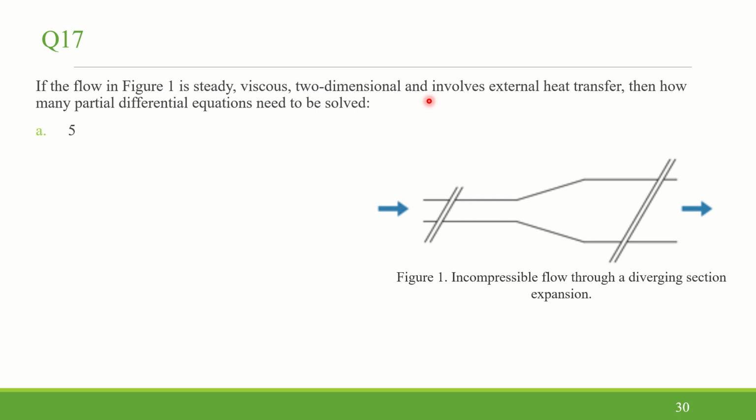So we have one continuity equation, two momentum conservation equations, and one energy conservation equation. On the whole, we get four partial differential equations that we need to solve. Looking at the options, we have option A 5, option B 4, option C 3, option D 2. So the answer is option B, 4 is the right answer.